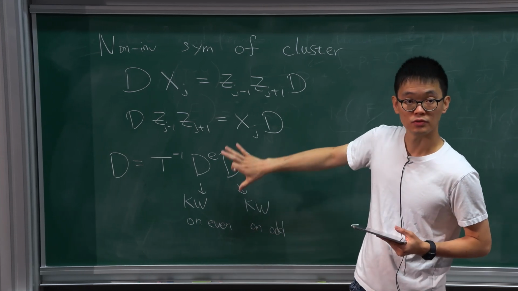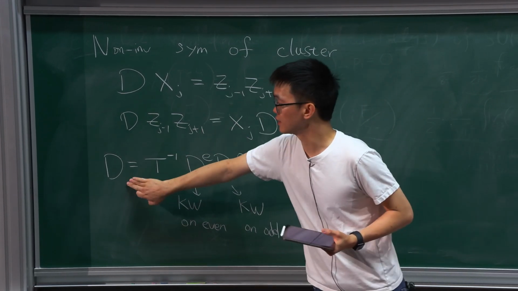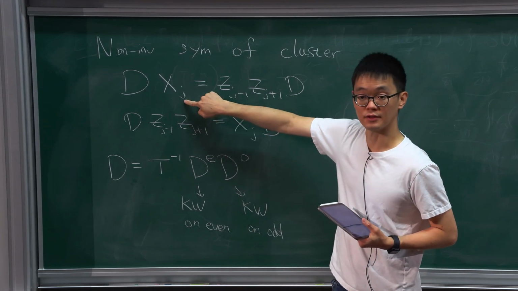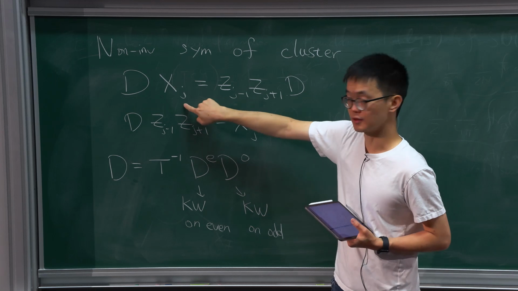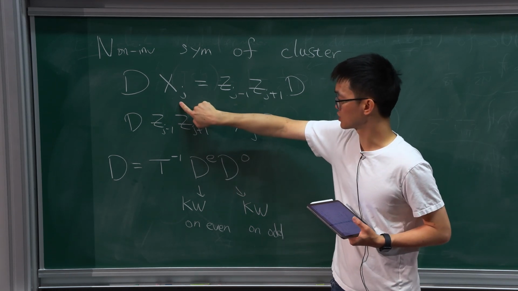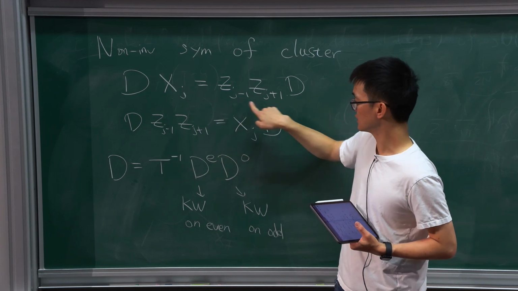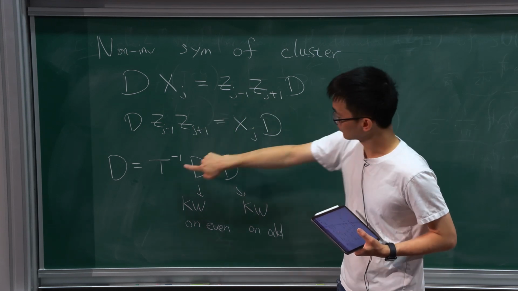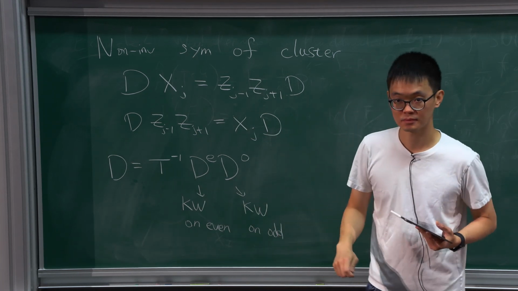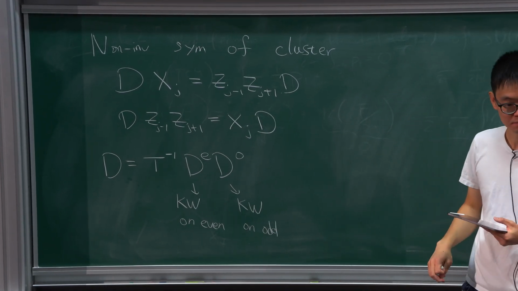Okay. So from this expression, it should be clear why D implements this transformation. Because let's say j is even, so D odd doesn't talk to X even. D even will map X_j to Z_j Z_{j+2}. But then you do a lattice translation to bring it one step back. Okay?